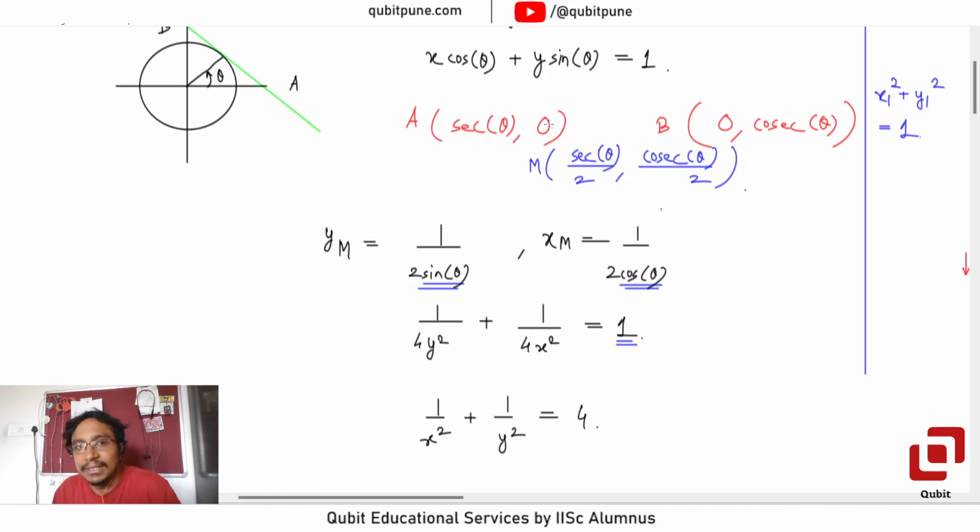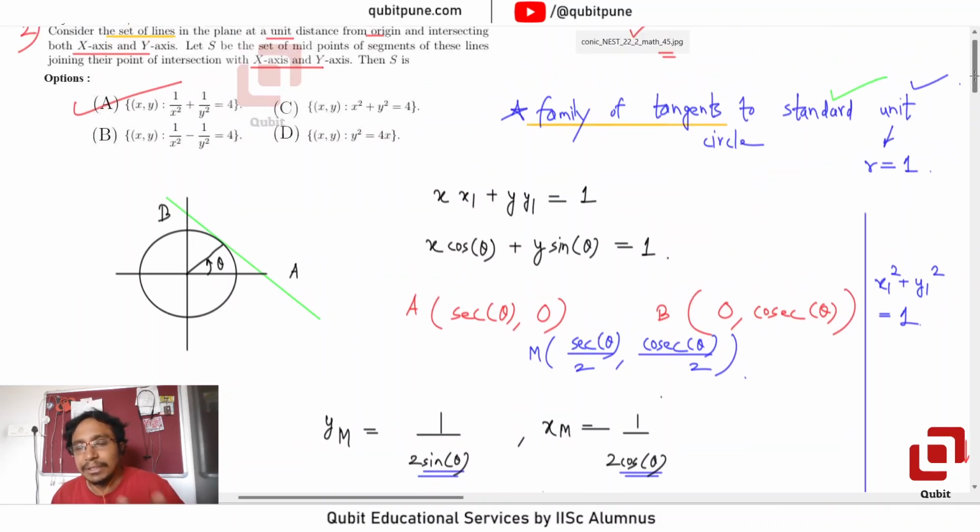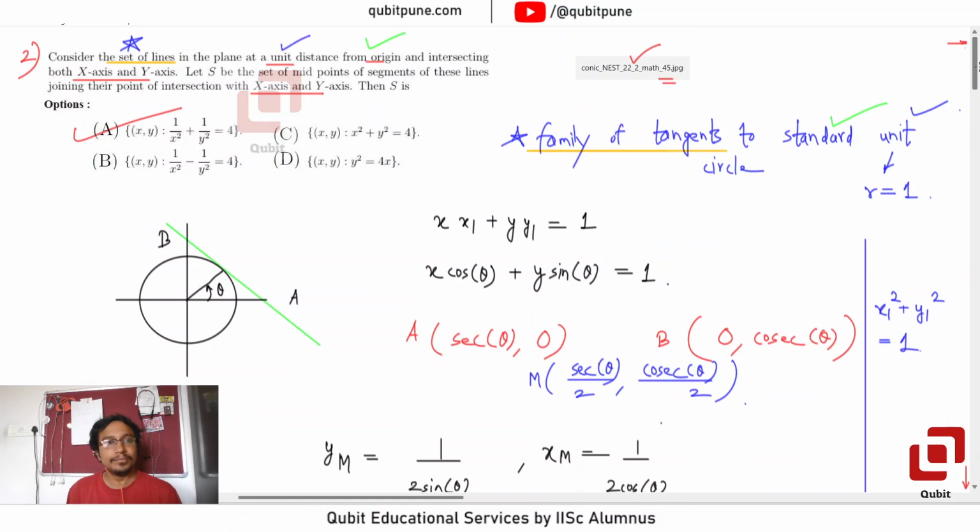So x1 is cos theta and y1 is sin theta. The benefit of using cos theta and sin theta instead of x1 y1 is that you immediately realize we have to use the identity and we can proceed. Using x1 squared plus y1 squared equal to 1 will also give you the same answer.